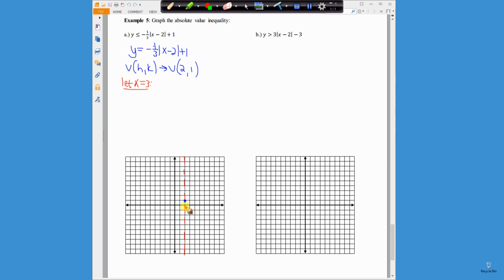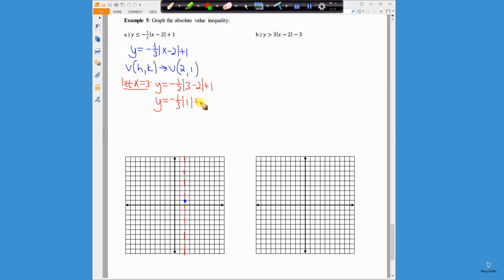Now I want to see when x is 3, what's y, so I can find another ordered pair, another point. So when x is 3, I just substitute it in here. I have y equals -1/3 times the absolute value of x, which is 3 now, minus 2, plus 1. I substituted this 3 into the equation. You are very familiar with this because we did it in the previous lesson, but I'll go ahead and simplify this.